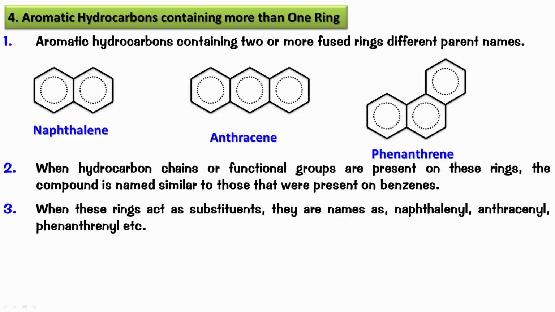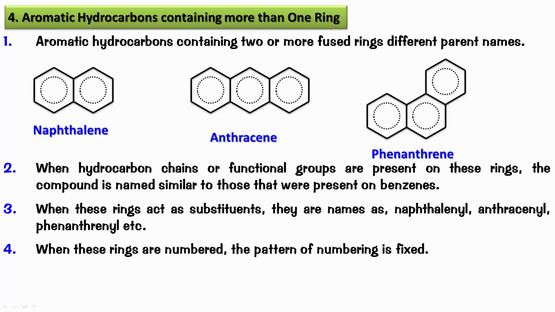And lastly, you got to number these rings also, and their numbers are fixed. They have to be numbered in a particular way. Naphthalene is numbered like this. When these rings are numbered, the pattern of numbering is fixed. Look at naphthalene. Naphthalene ring. 1, 2, 3, 4, 5, 6, 7, 8. We don't number those two bridge carbons.